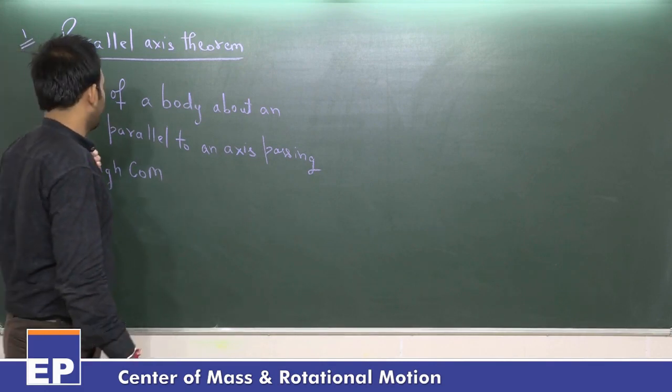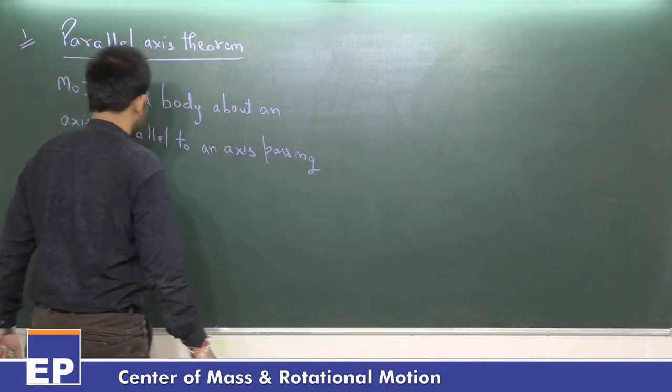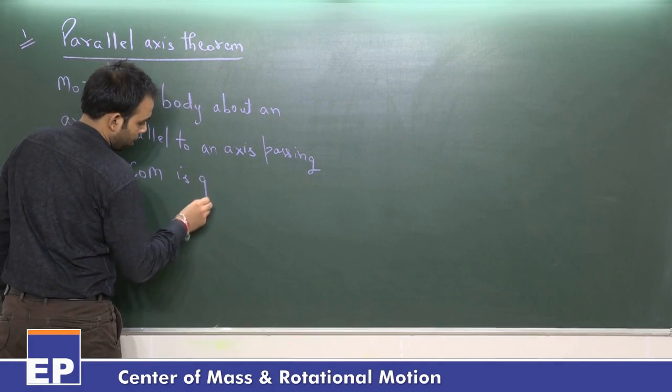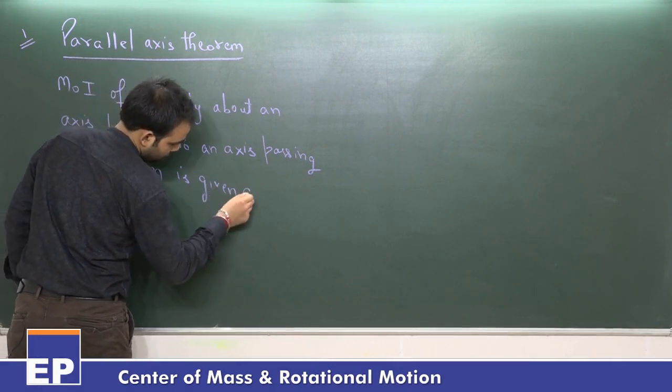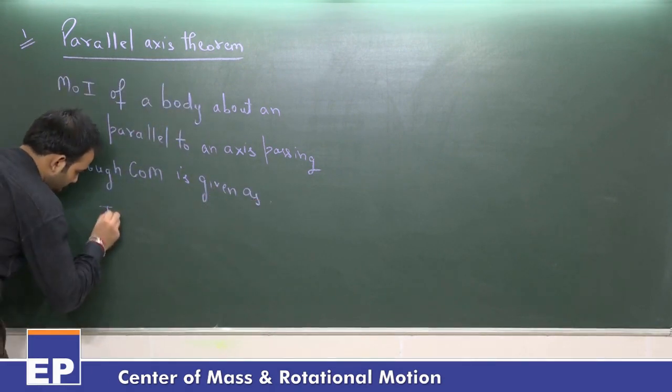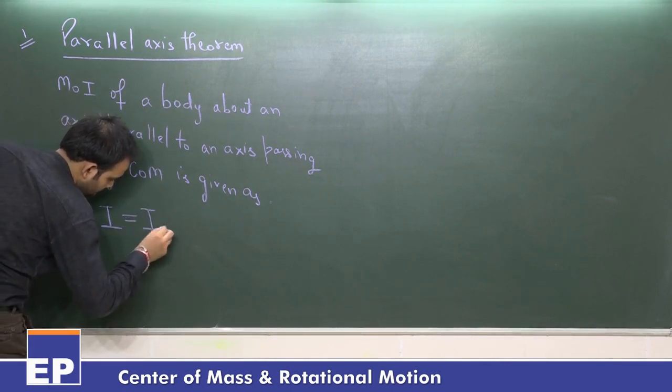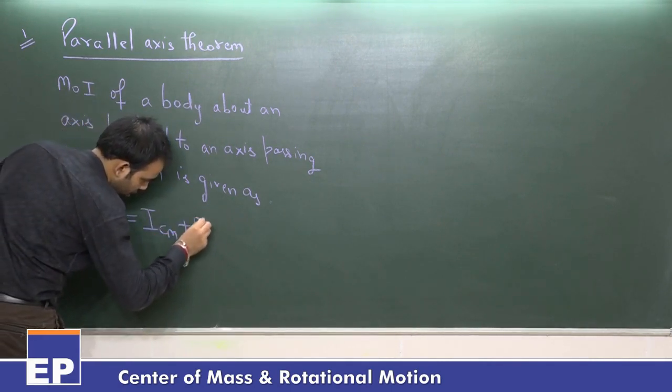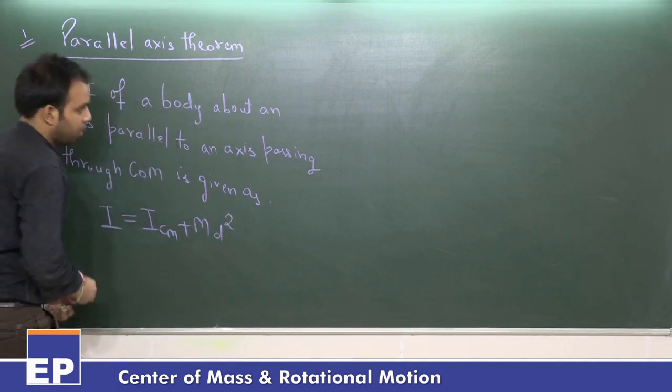Moment of inertia of body about an axis parallel to an axis passing through its center of mass is given as, that is I is equal to ICM plus MD square. What is the meaning of this?